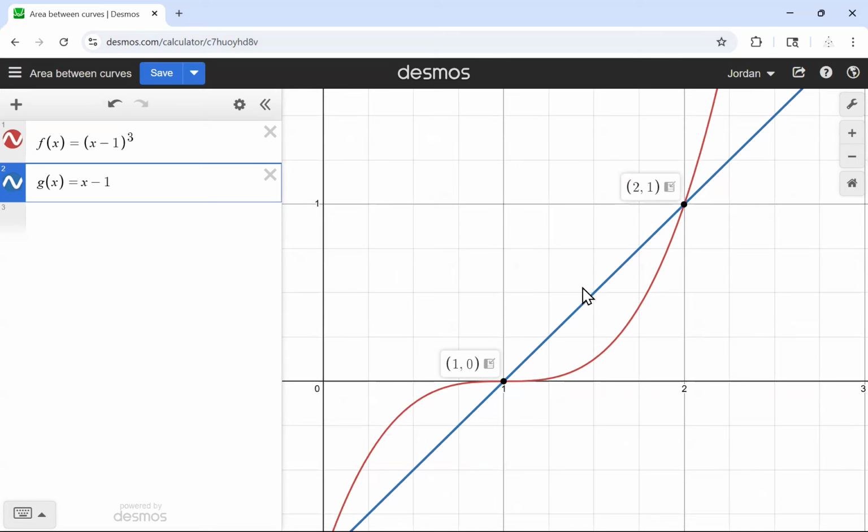And in this case, g of x is on top of f of x. So we're going to take g minus f, the expression for g minus the expression for f, when I set up my definite integral, not from 0, but from 1 to 2 in this case, because I'm just looking at this region here.